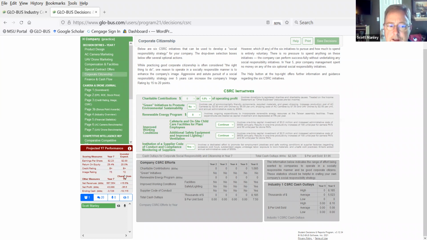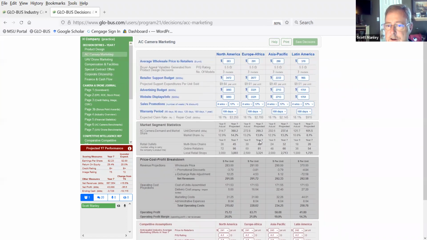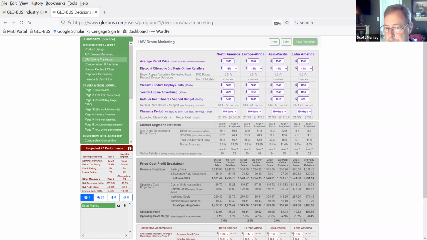Investors' expectations right now are 72, and putting money in here gives me a 75. Just remember, my market share is not good, and really is not good in Latin America. But again, if the market does what it's supposed to do, which is to price in that exchange rate adjustment in Latin America, if the markets function correctly, I should have decent market share there.